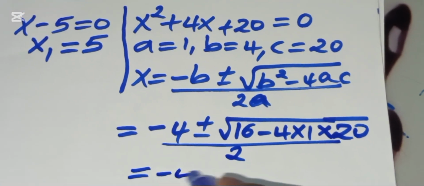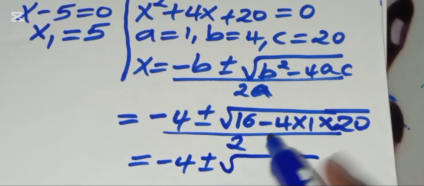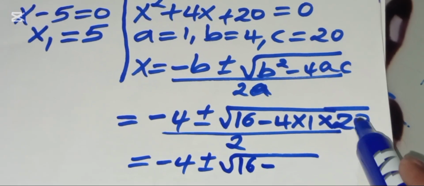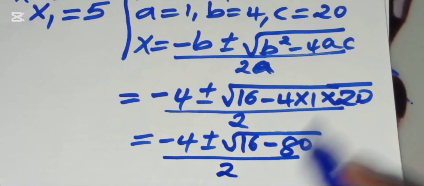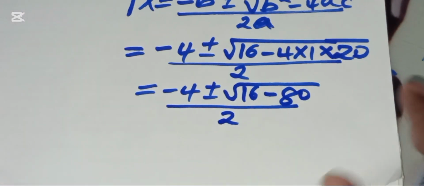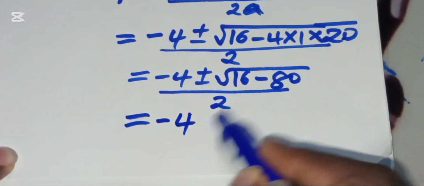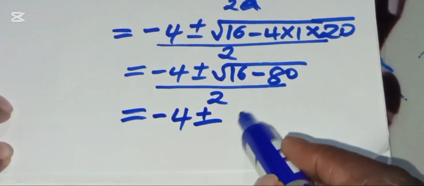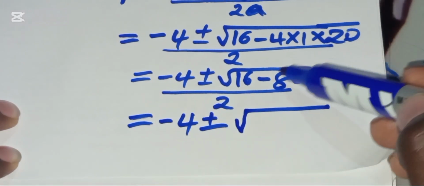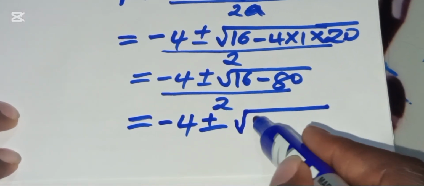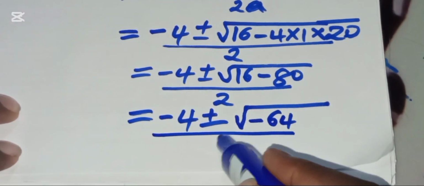Now this is negative 4 plus or minus, now we have 16 subtract 20 times 4, which is 80. Divide everything by 2. Okay? Now, this is the same thing as negative 4 plus or minus the square root of 16 subtract 80, which is equal to negative 64, divided by 2.